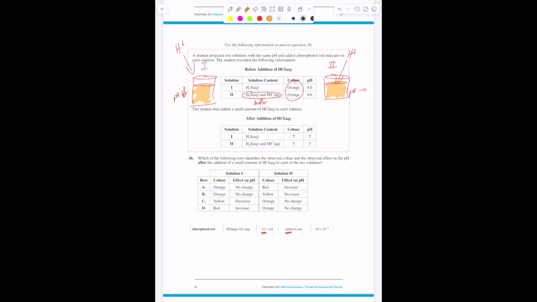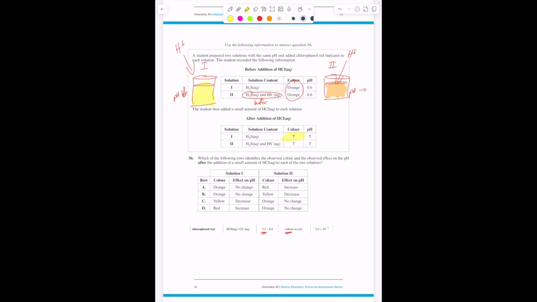And so this one will turn yellow. Let's see what happens if I do this. Yeah. This one's going to turn yellow, right?